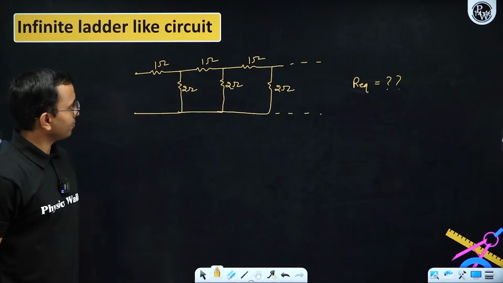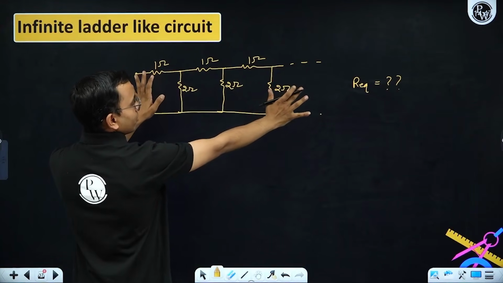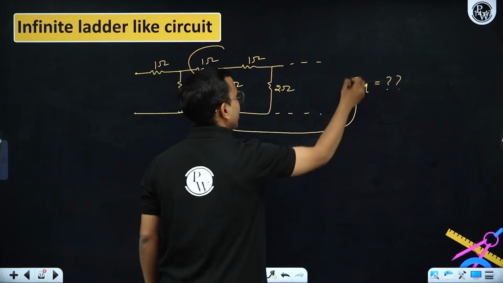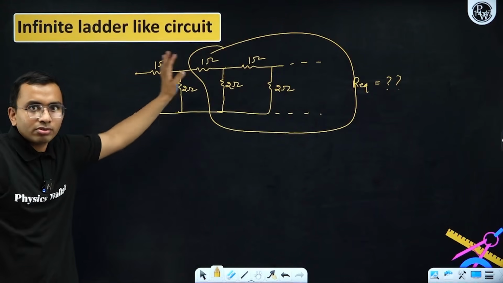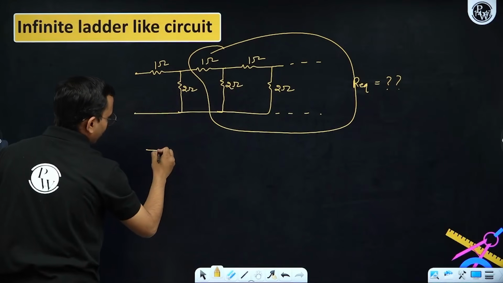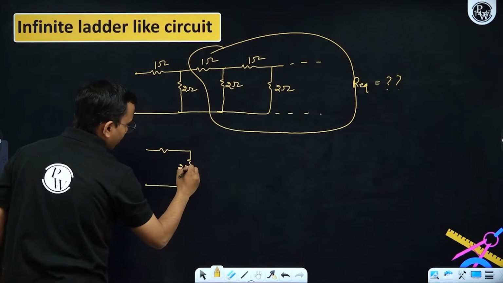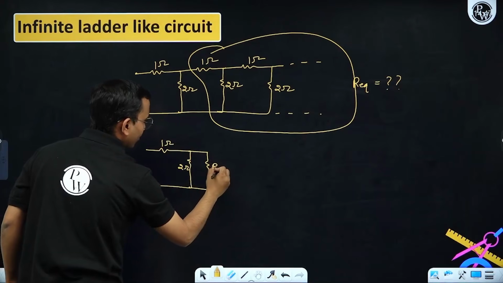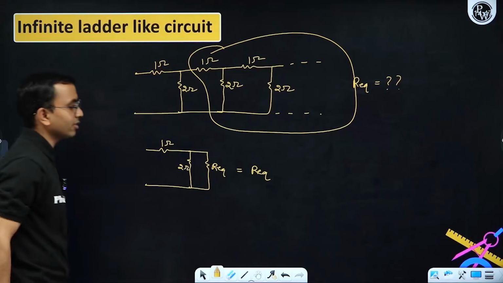I am saying that if the equivalent of this whole is R equivalent, the equivalent of this will also be R equivalent, because this is also the same circuit. So I can say this 1 ohm, this 2 ohm, and this is my R equivalent now, and this combination will have a resistance equal to R equivalent.